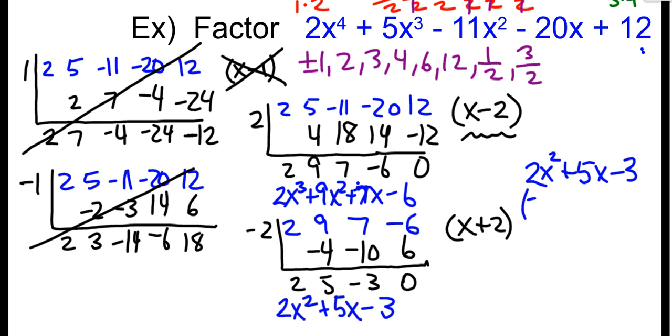So remember, a hard trinomial is going to factor into something like this. And we take that -3 and we look for two numbers that are going to, let's see, multiply to -3, and they're also going to produce that 5.